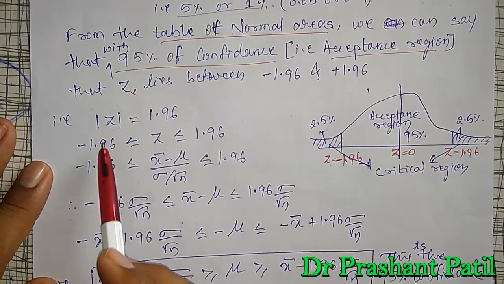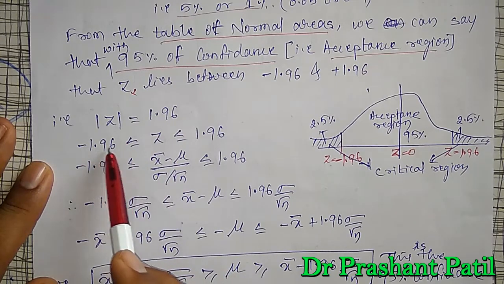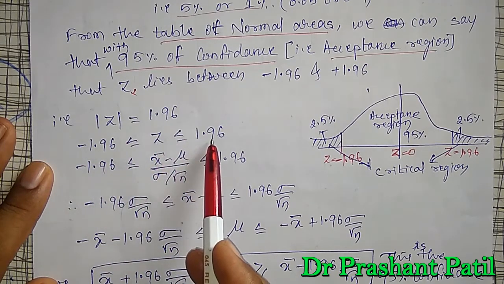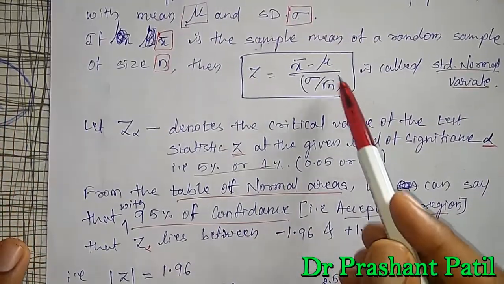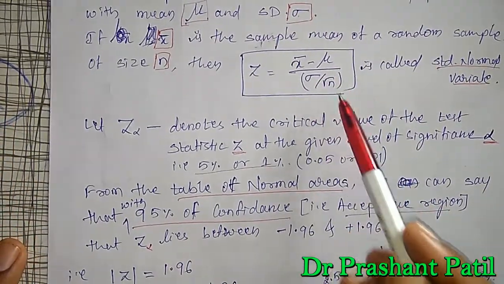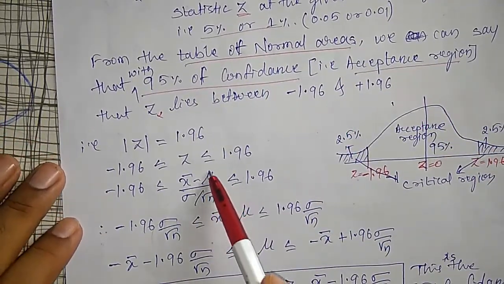To find that, I take modulus of z equal to 1.96. Therefore, minus 1.96 is less than or equal to z, which is less than or equal to 1.96. And we know z is nothing but x bar minus mu divided by sigma divided by root n. That is substituted, and I want to calculate mu.